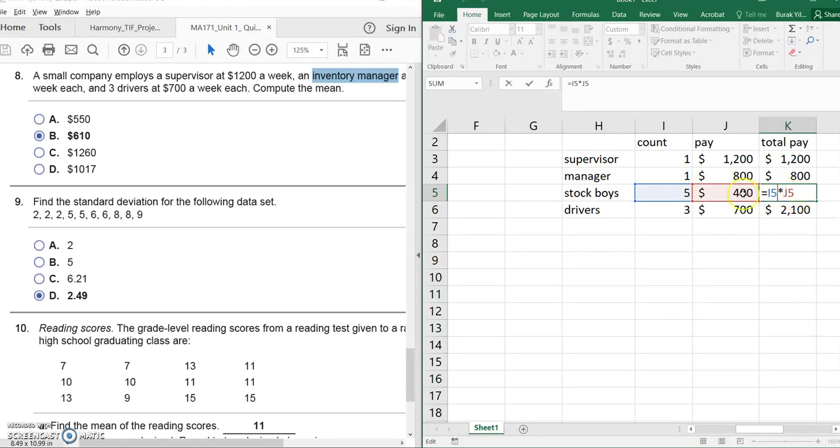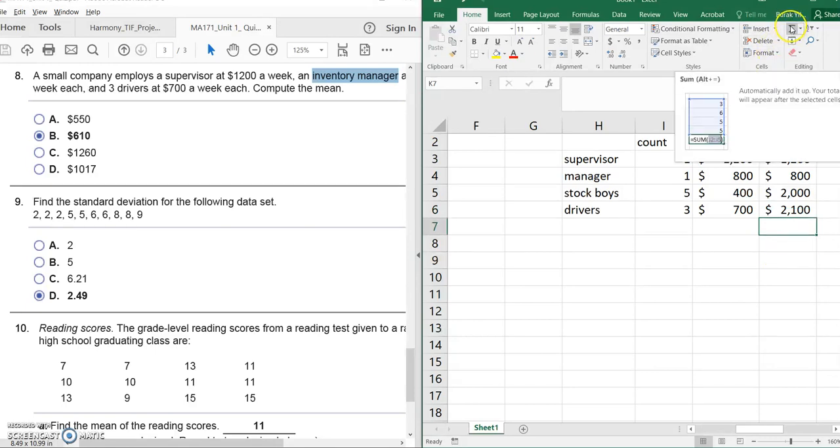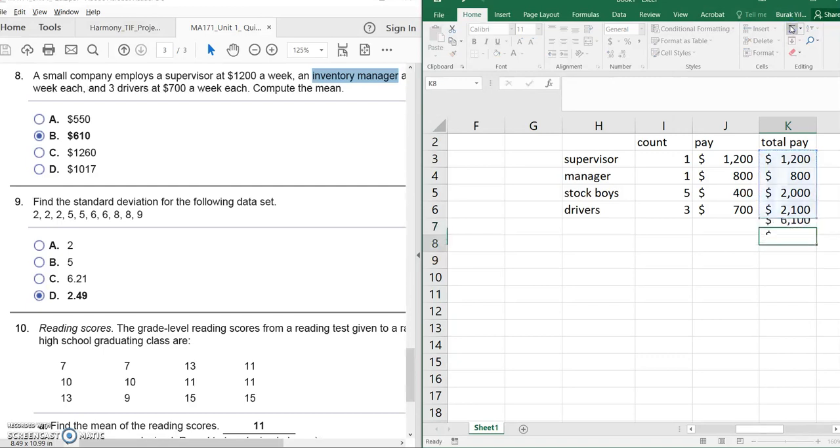And then there's 5 stock boys, each one is paid $400, so that's 5 times 400, which is why we have 2,000. And then 3 drivers, each one $700, so 3 times 700 is 2,100. Then you can push this total column button. So the total pay the company pays to all these employees is 6,100.